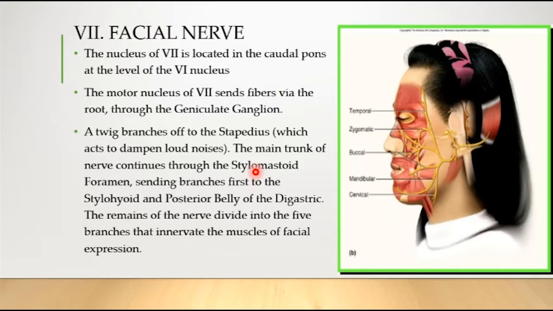So you can get sparing of the upper face, you'll be able to crease your forehead, and the eye closure may be stronger than in lower motor neuron. Because of the long intrapetrosal course in a closed compartment, it is very susceptible to pressure, a little bit of swelling.